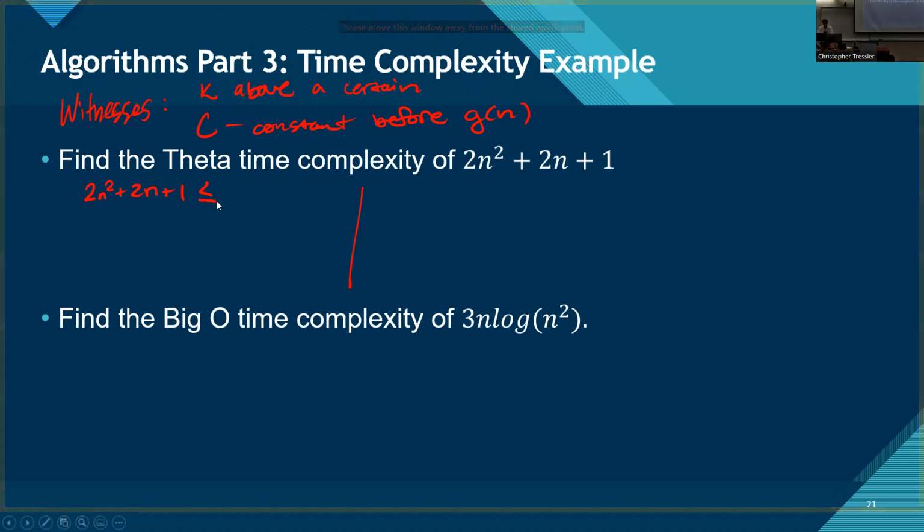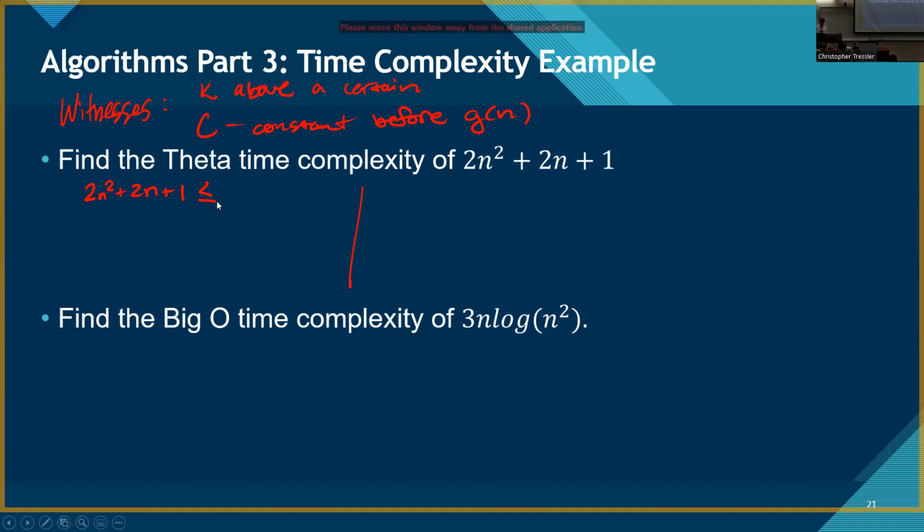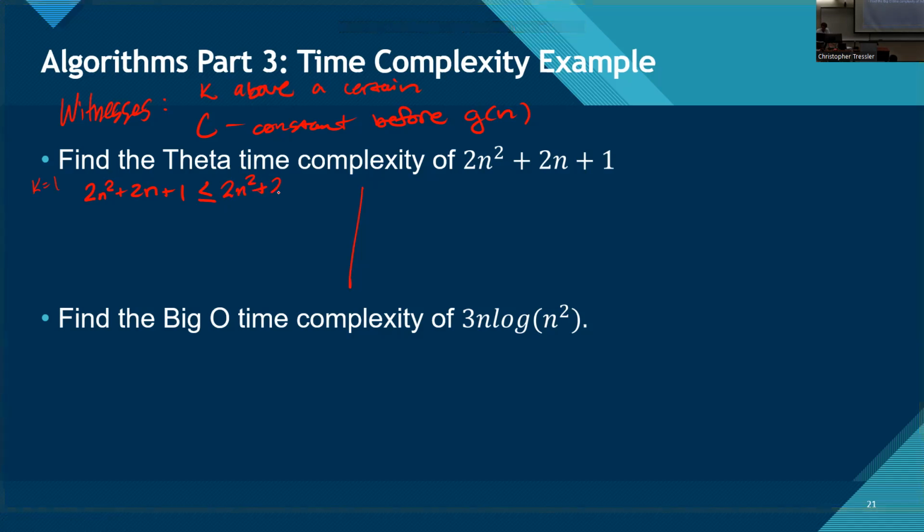Now, here's the thing: we have a plus 1 there. So whatever we make this less than, theoretically, let's say k was equal to 1. What this means is that n is positive. We can say that if n is at least 1, this would be less than or equal to, as long as it's a positive number, 2n squared plus 2n squared plus n squared.